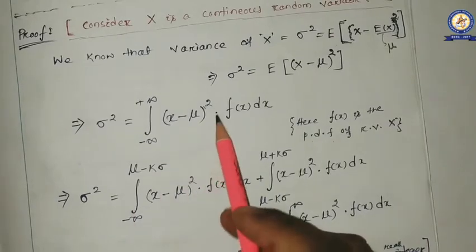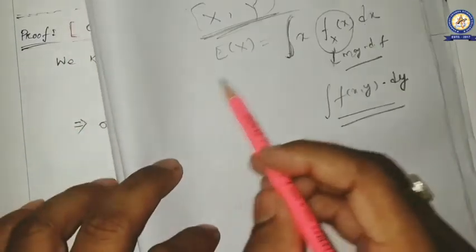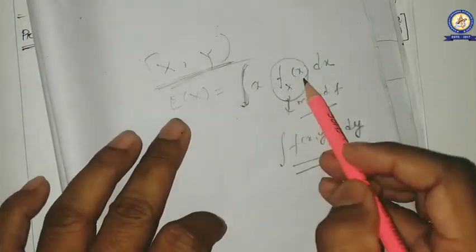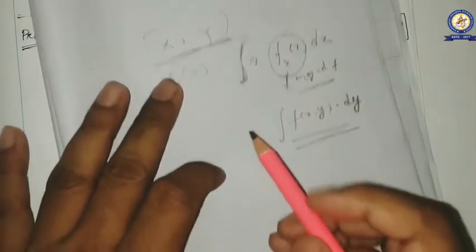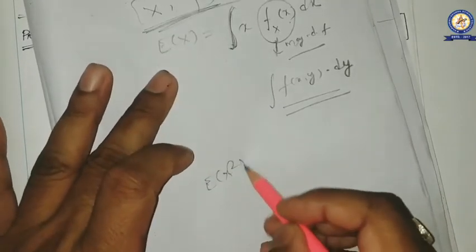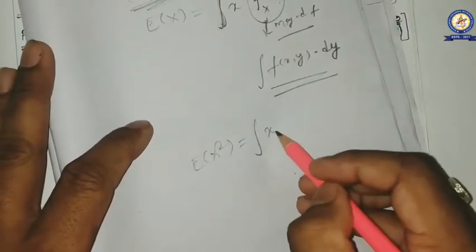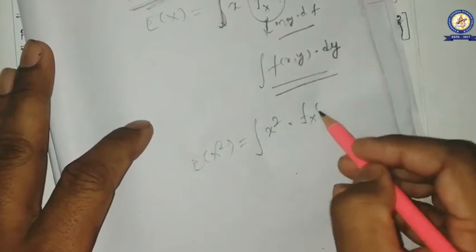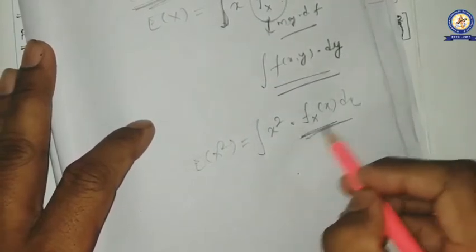And we know that expectation of x is nothing but x into the density function, and expectation of x square is x square into the density function for a bivariate random variable.